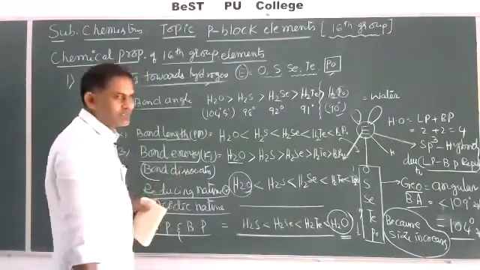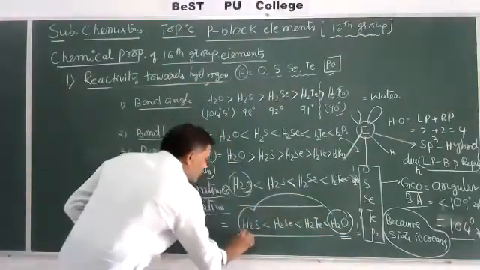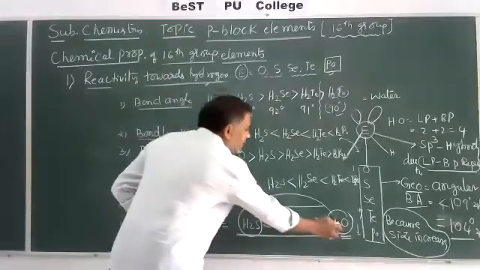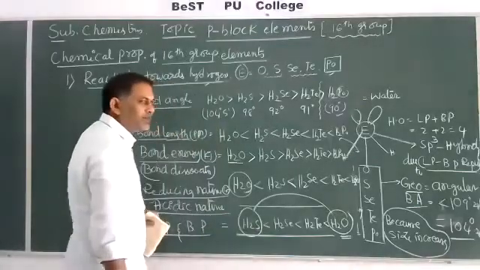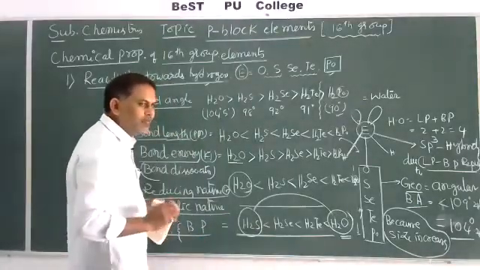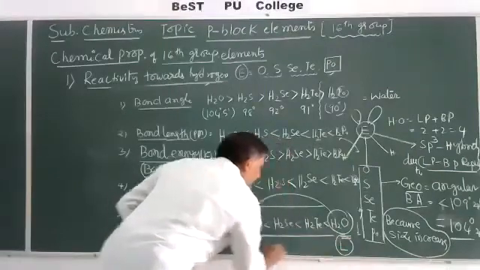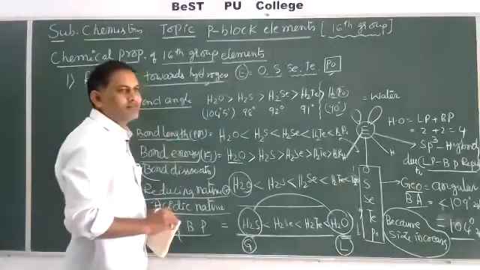The reason behind that, in water compared to H2S, is that in water intermolecular hydrogen bonds are present, whereas in H2S weak van der Waals forces are present. Due to this reason only, H2O exists as a liquid, whereas H2S exists as a gas.